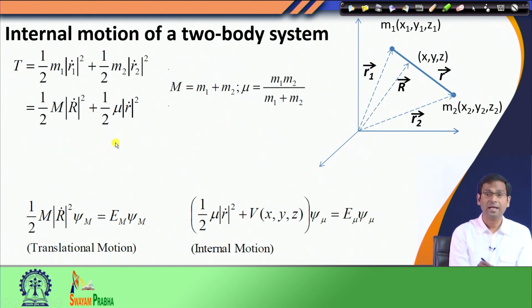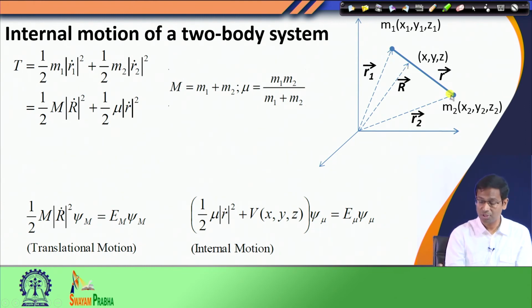The advantage of the second approach is that in the first line, the movement of the system is defined by two vectors, r1 and r2, but on the second line I have expressed this kinetic energy operator in terms of two variables, which actually can be separated. How? Because the first term represents an overall translational motion of the center of mass, whereas the second term talks about the internal motion of this two body system.